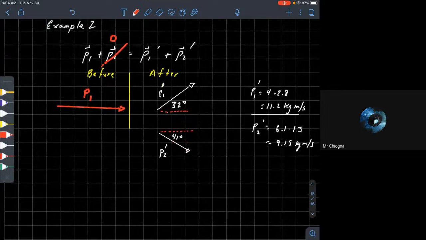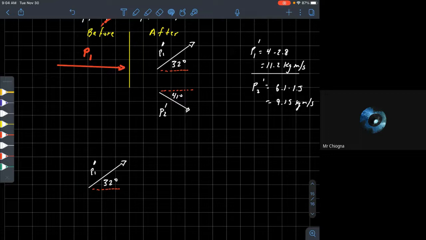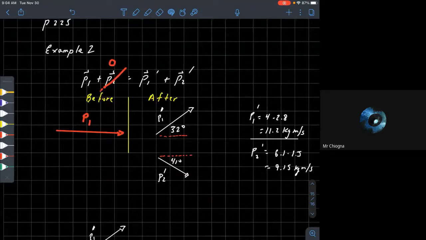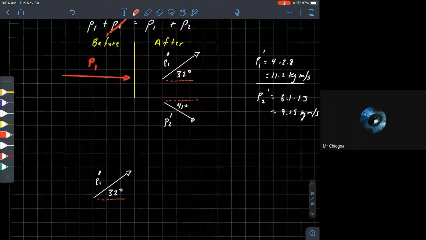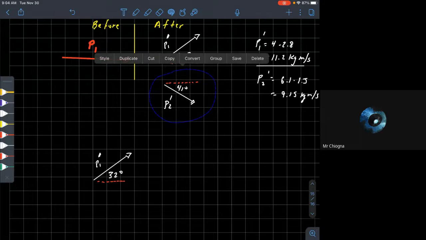Okay, now let's line these up. Line them up how? Well, the vectors should add tip to tail. That's what this says. When it says plus, it means add them tip to tail. Add P1 and P2 prime tip to tail.